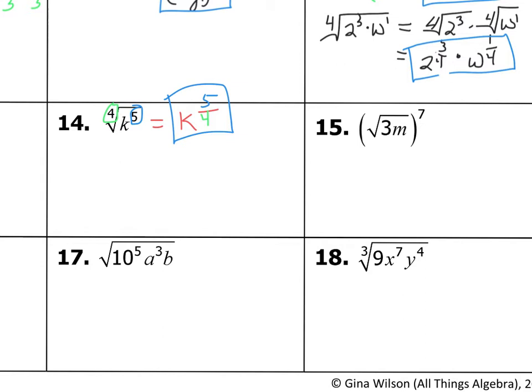For number 15, you have a more complicated base. The way they've written it, the square root of 3m to the 7th power can be rewritten as the square root of 3m to the 7th underneath that radical. Those are one and the same.